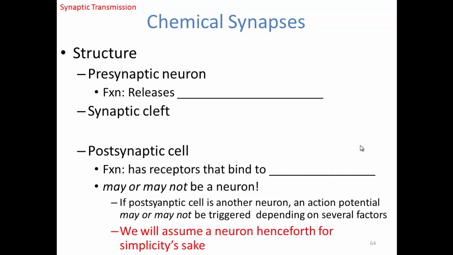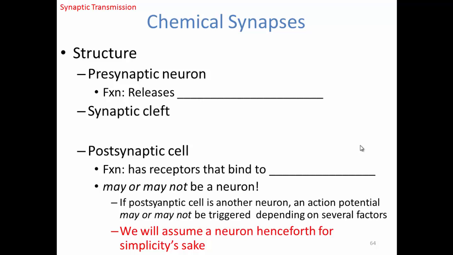So in terms of their structure, a chemical synapse has three main parts: the presynaptic neuron, the synaptic cleft, and then the postsynaptic cell. The job of the presynaptic neuron is to release neurotransmitter. The neurotransmitter then travels across the synaptic cleft, and then it binds to receptors on the postsynaptic cell. So the postsynaptic cell has receptors that bind to neurotransmitter.